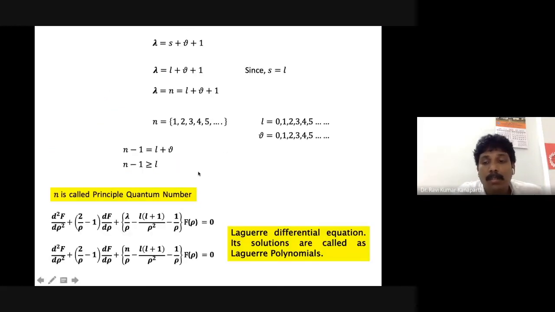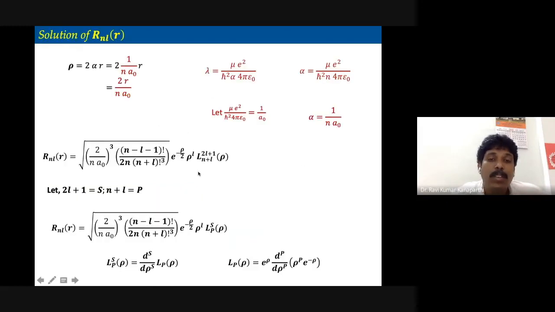Let us assume that 2l plus 1 is a capital S and n plus l is a capital P. Once you assume that, this particular term becomes this.